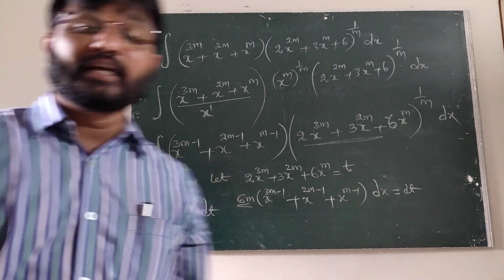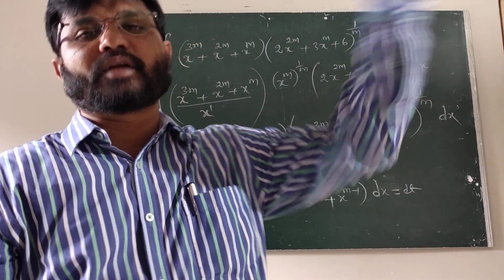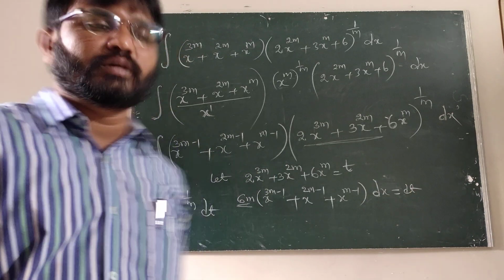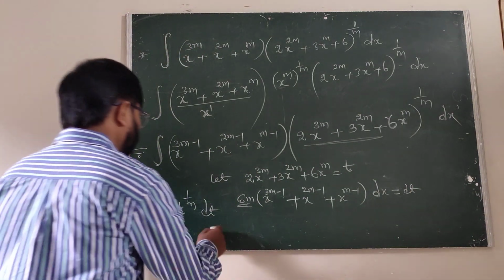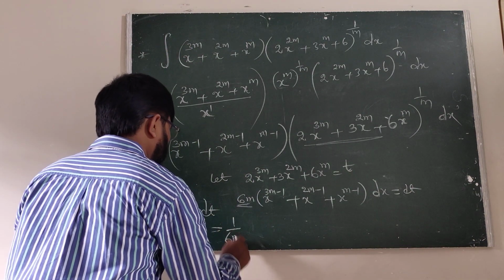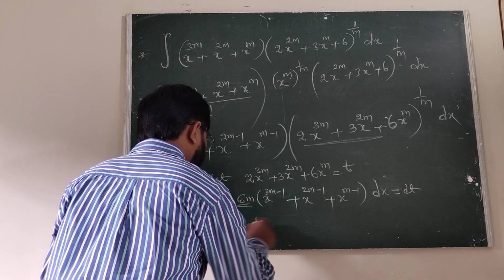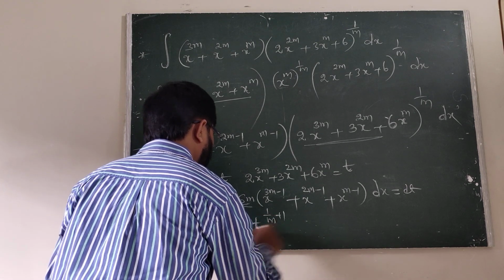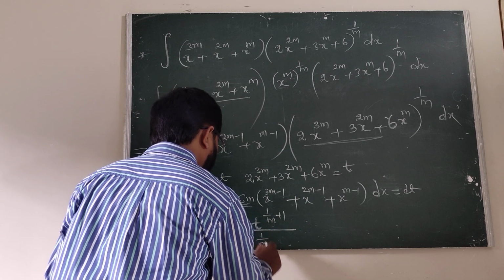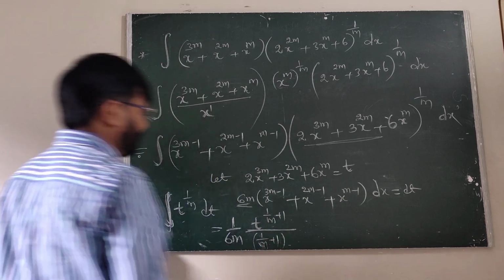We know that the integral of x^n is x^(n+1) upon n+1. Therefore how to write this one? 1 by 6m, t^(1/m + 1) upon (1/m + 1). Is it clear?